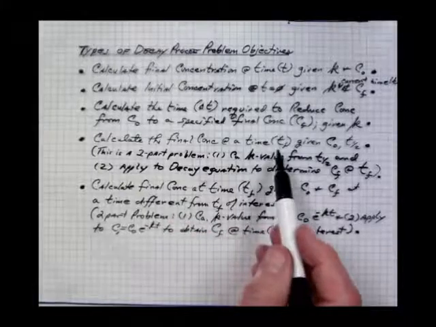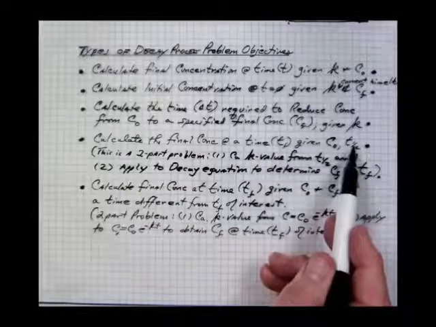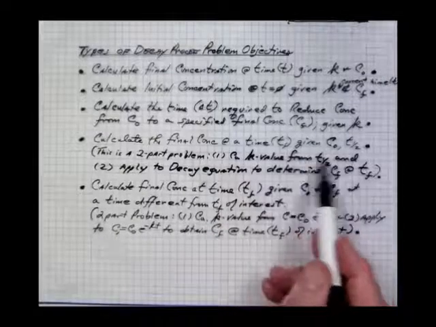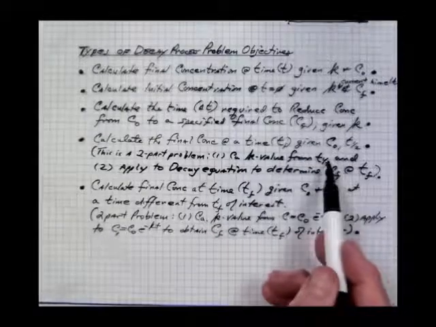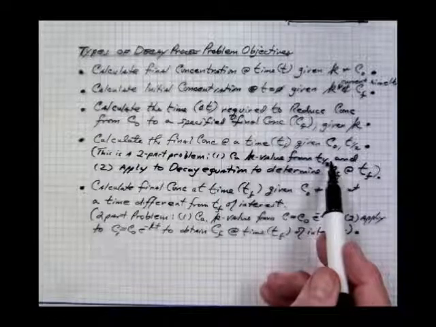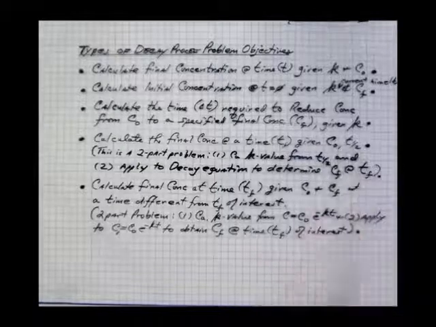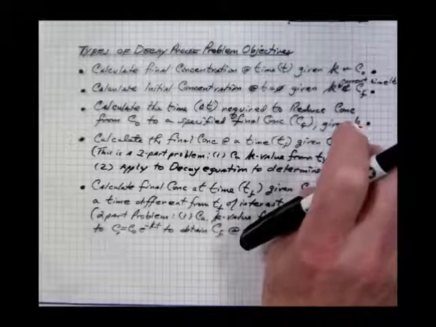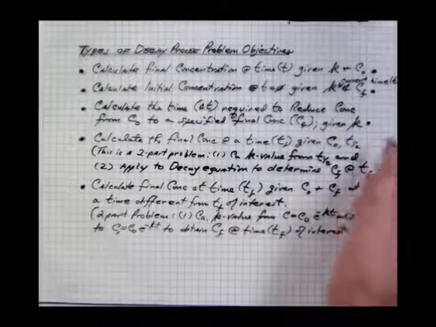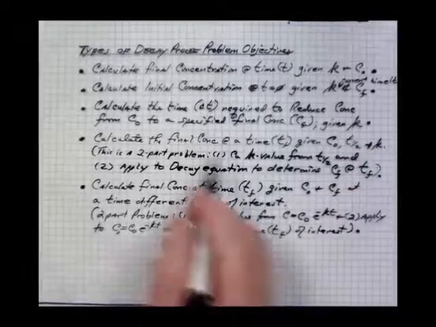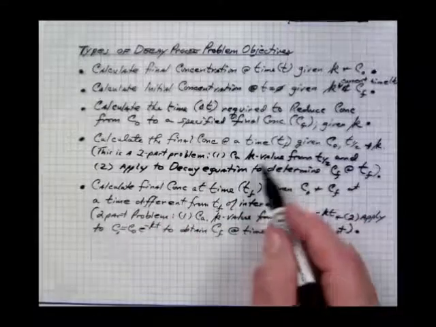Calculate the final concentration at time T given the initial concentration and half-life. Well, here is a two-part problem. One, calculate K from the half-life value. You'll have to have the K value, and then you apply that.